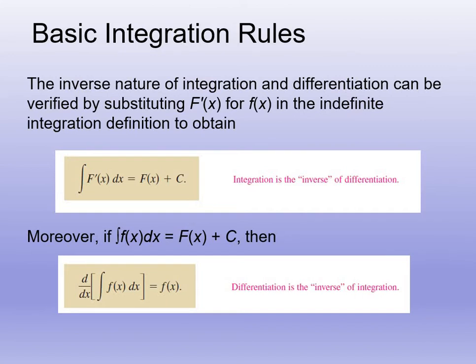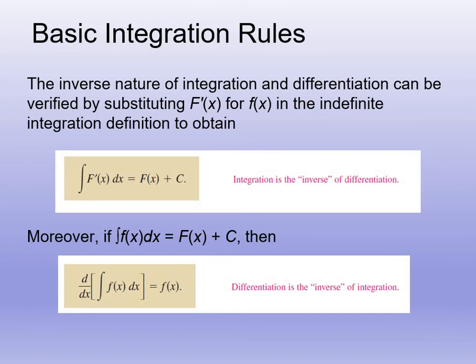So if I take the derivative of the integral, I get f of x. It's like they cancel each other out, if that makes sense. So if I'm taking the derivative of an integral, they cancel each other out, just like a square root and a square sign. So if I have the square root of x squared, I know that the square root and the x squared cancel each other out, so I'm just left with x.